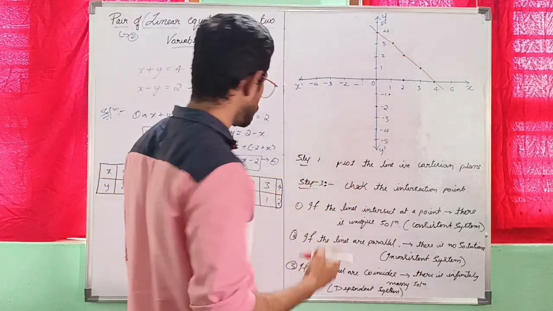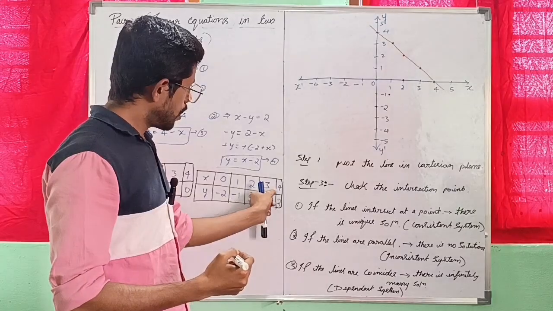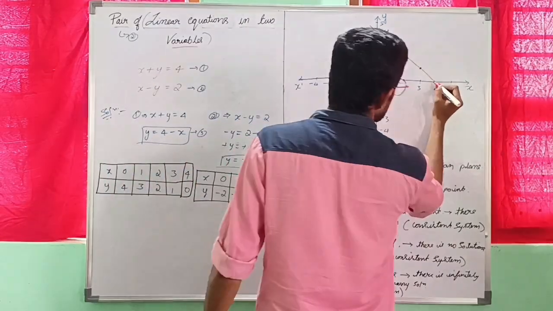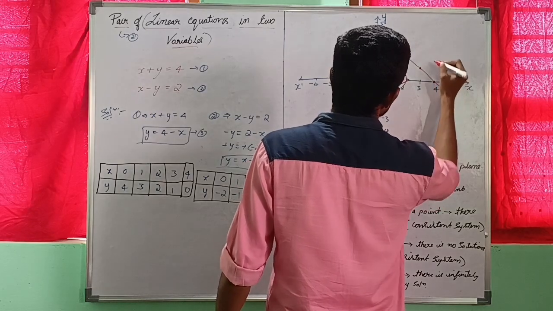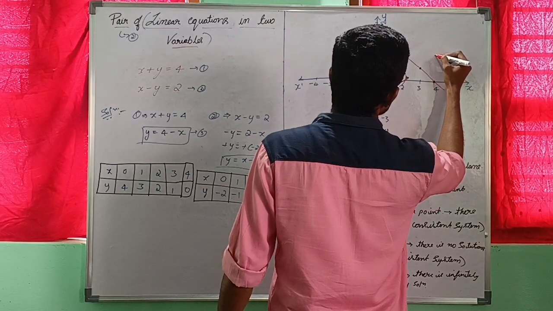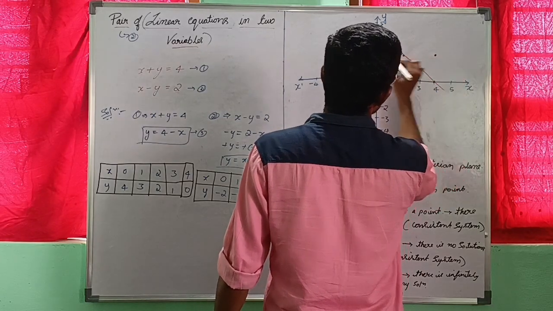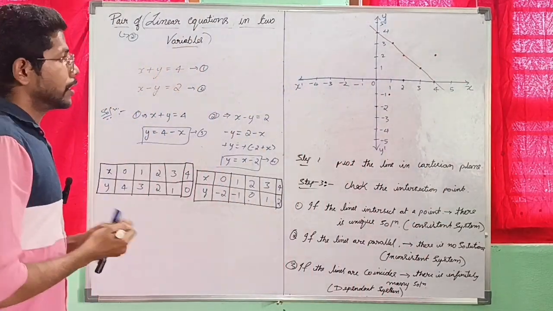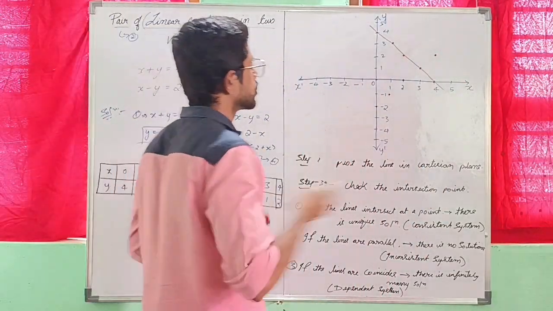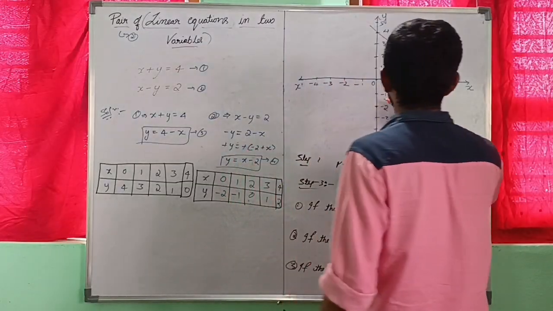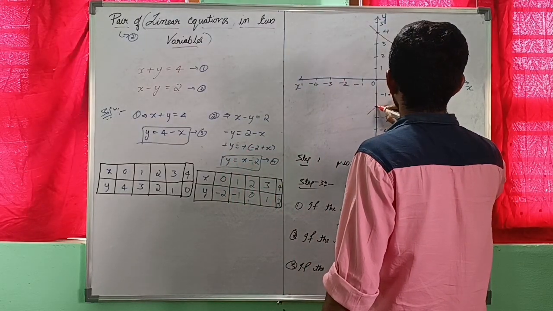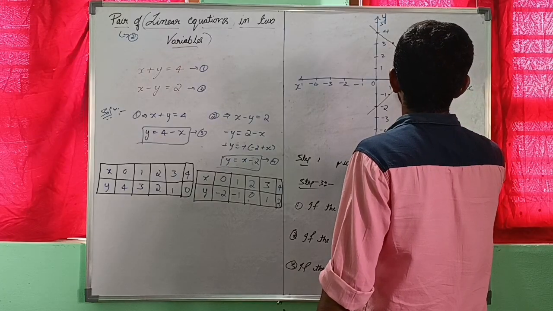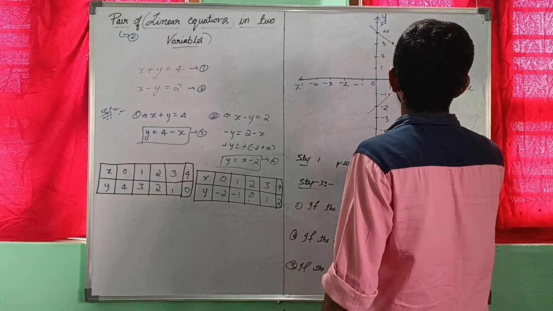Then when x is 4, y is 2. This will come here. Let us draw the line for equation 2.